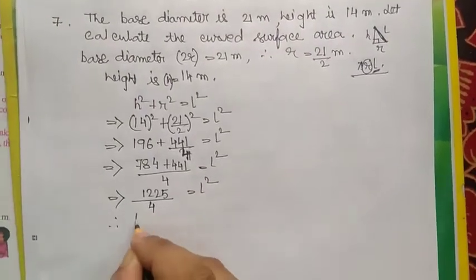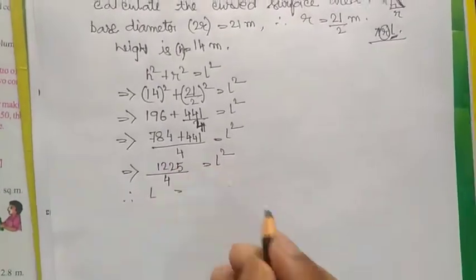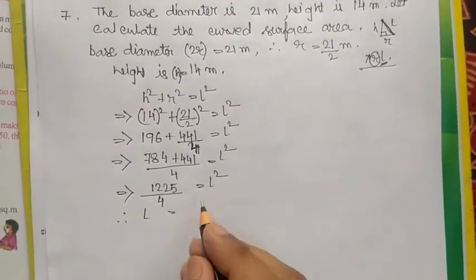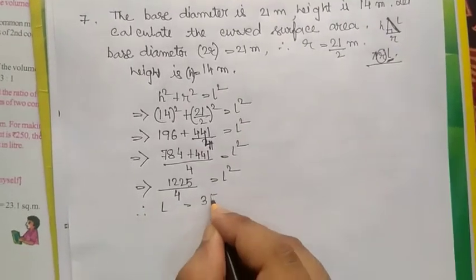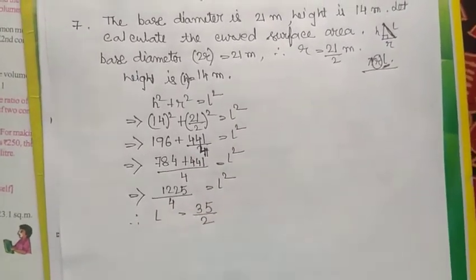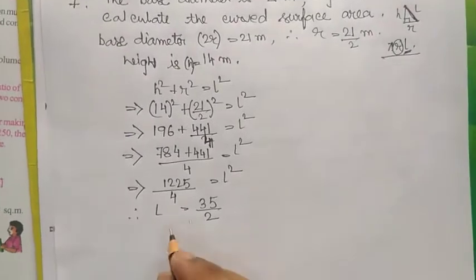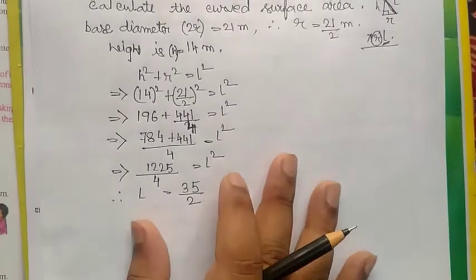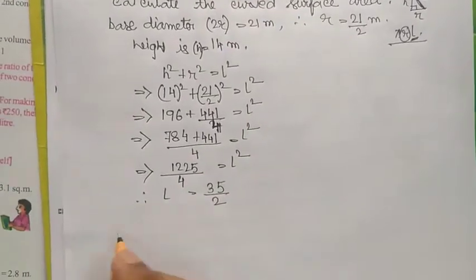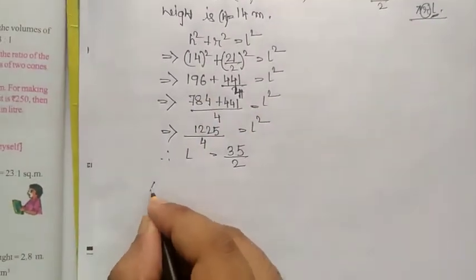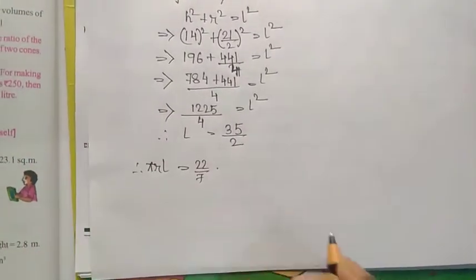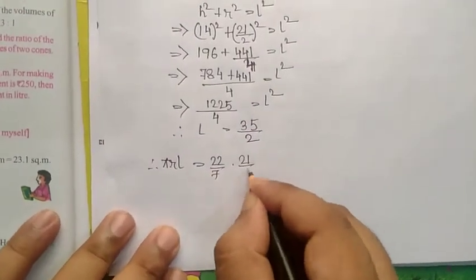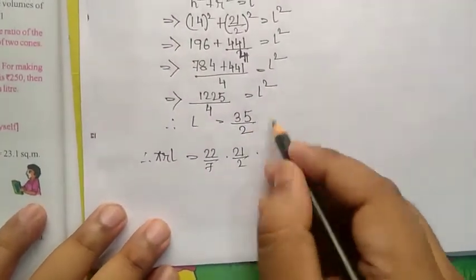So L equals the square root of 1225, which is 35, and the square root of 4 is 2. So L equals 35 by 2. Now we find the value of the curved surface area. Curved surface area means pi rl, 22 by 7 into radius 21 by 2 into slant height 35 by 2 meter square.